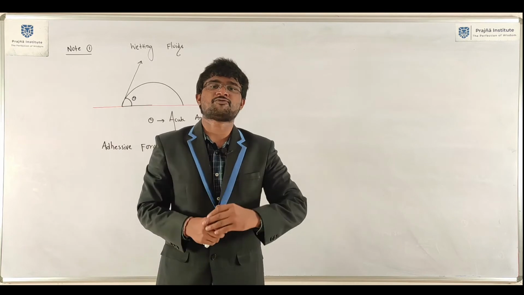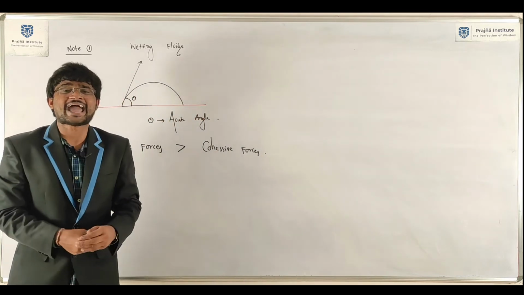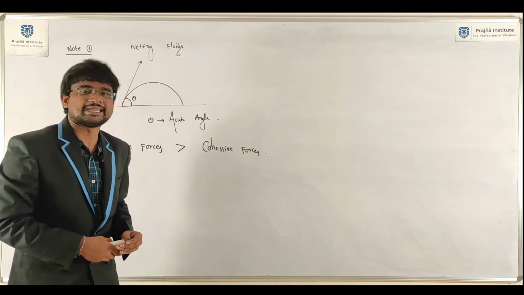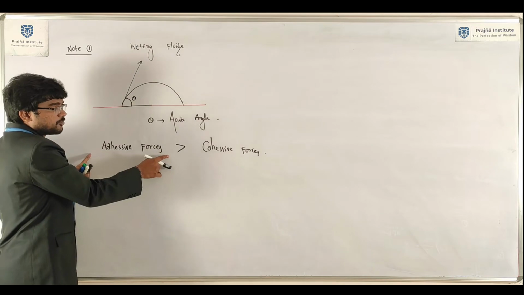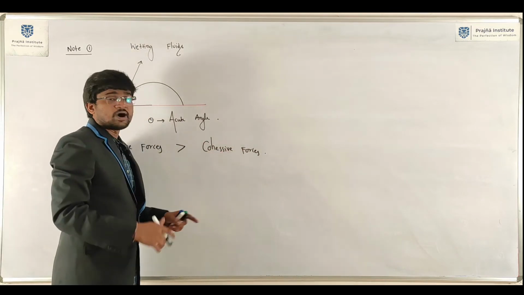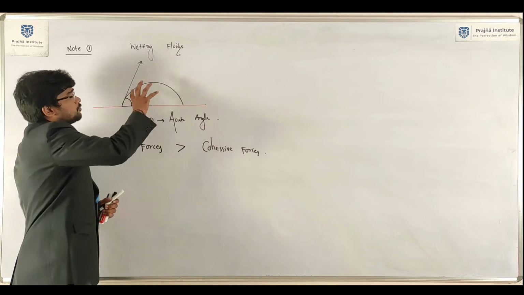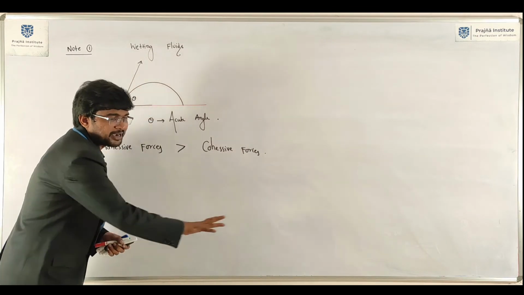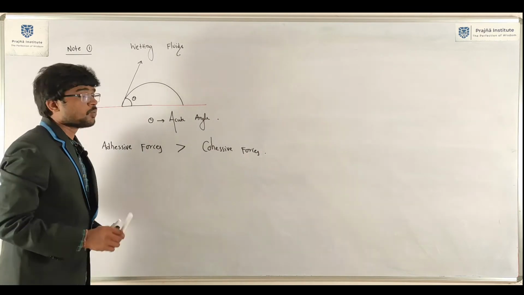What is the reason for wetting action of the surface or wetting action of the fluid? So here, if adhesive forces greater than the cohesive forces, in that case, fluid particles or fluid molecules will spread over the surface. Then wetting action will take place. Why?